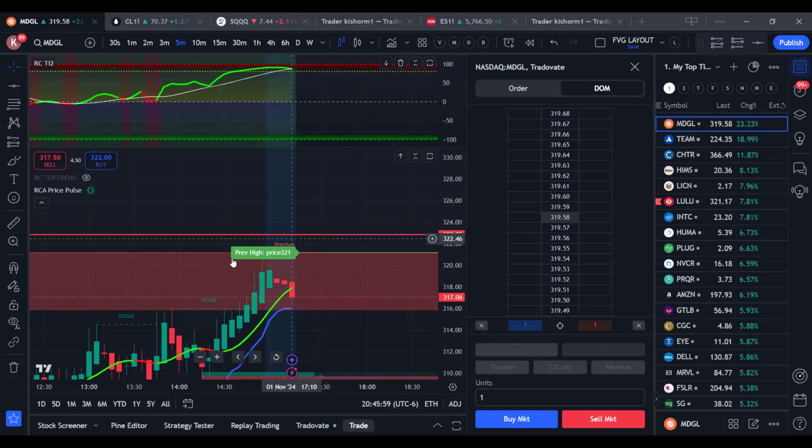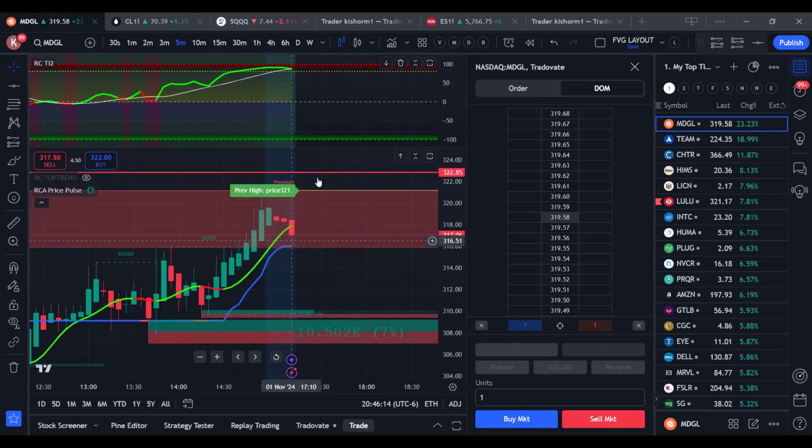They will break the previous day high, go a little bit up, and now if you see the sell signal, you don't buy the put options. You wait for the second sell signal, and then you buy the puts. Then it can come all the way to minimum 310, from 325 or 320. Tomorrow you can see MDGL at around 310, 308.